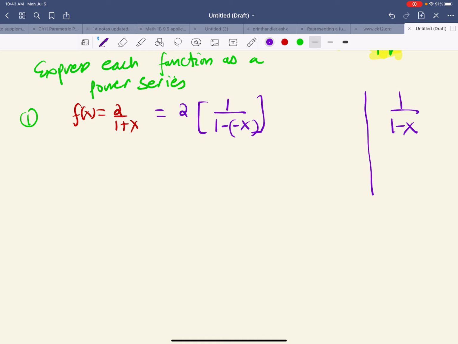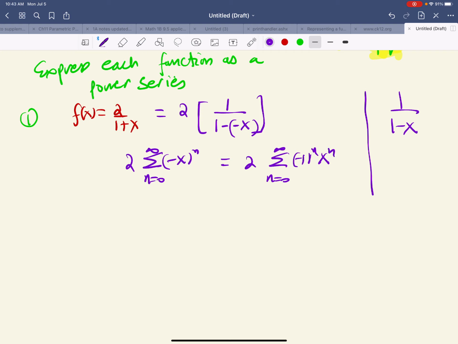So in this case, my r, the common ratio, is negative x. So summation n equals 0 to infinity of negative x to the power n, which is 2 times summation n equals 0 to infinity of negative 1 to the power n x to the power n. That's the power series for this function.